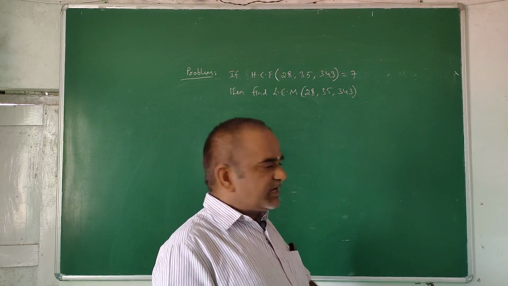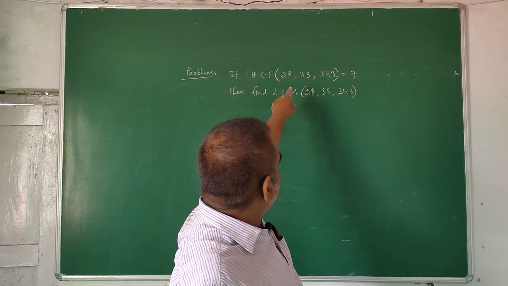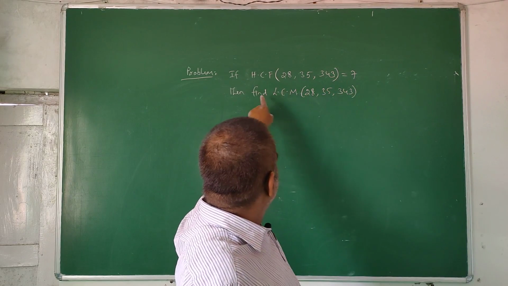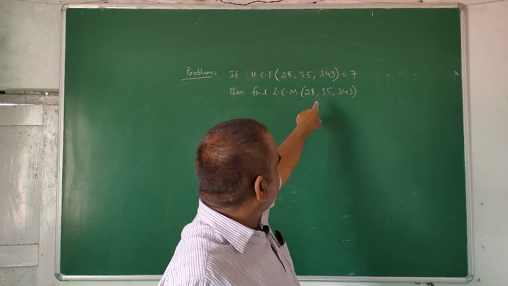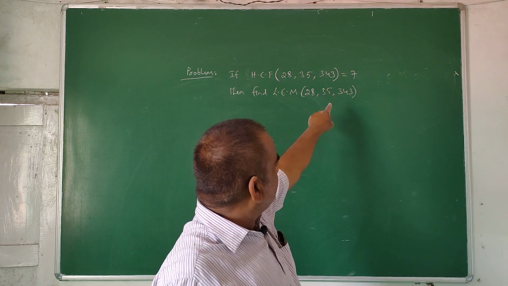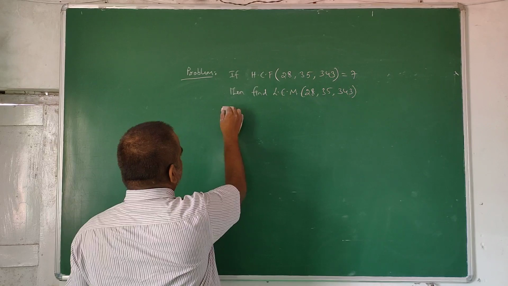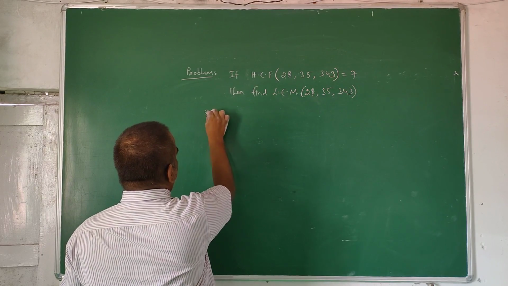So next question is: if the HCF of the three numbers 28, 35, 343 is 7, then find the LCM of the three numbers 28, 35 and 343. We have a formula we discussed previously, so now I am using that formula directly.